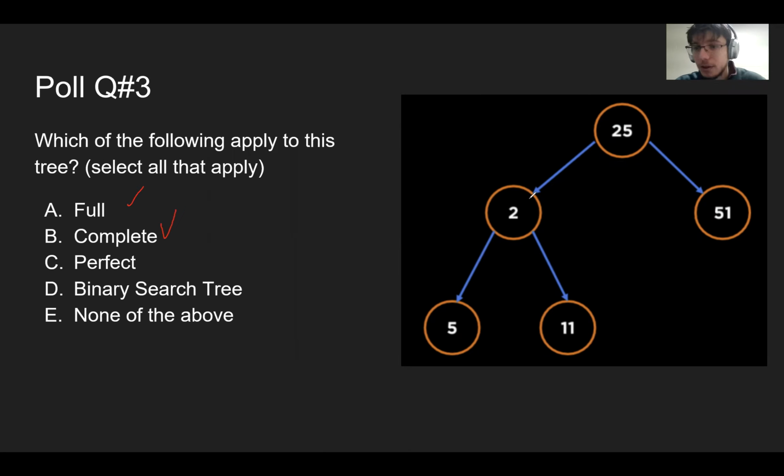But is it perfect? No, it's not perfect because we don't have all of our leaves filled. It would be perfect only if we had 2 children from 51, which we don't. Not perfect. Is it a binary search tree? No, it's not a binary search tree because left of 2 is 5, and 5 is larger than 2, so it's not. So we should only have full and complete.